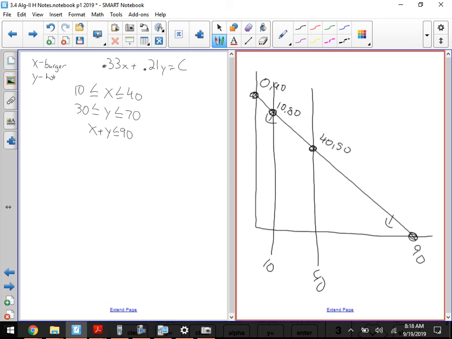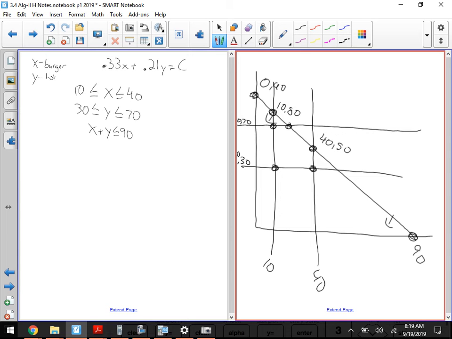Do the same thing with 30 and 70. Now 80 is here for Y, so 70 has to be below it. And then the 30 has to be below the 40. So here's our 30, and here's our 70.